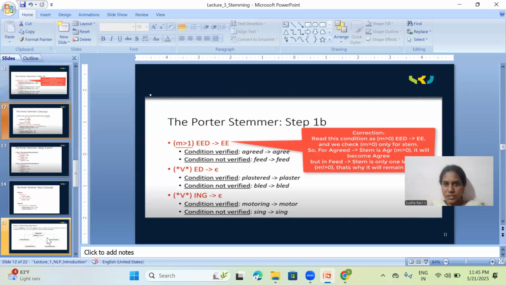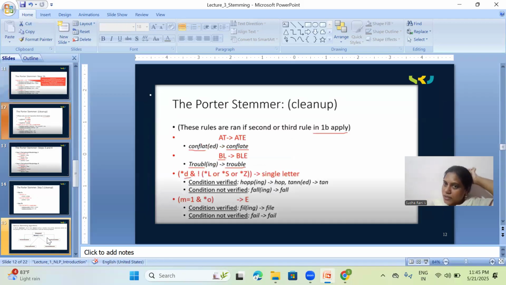Just now we discussed this. Now, the Porter stemmer cleanup. These rules are run if the second or third rule in 1B applies.